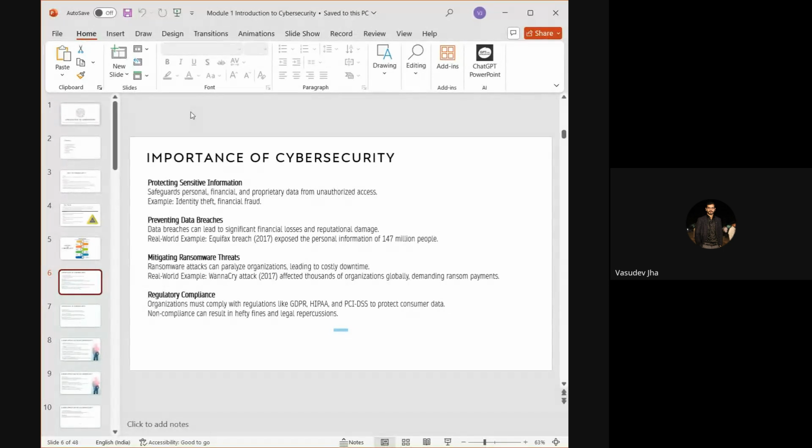So why is cybersecurity important and how is it adding value to the organization? To understand this, we need to understand the impact of cyber attack. Okay. Can you give any example? What are the impacts of cyber attack? We can lose sensitive data. Reputational losses. And business losses.